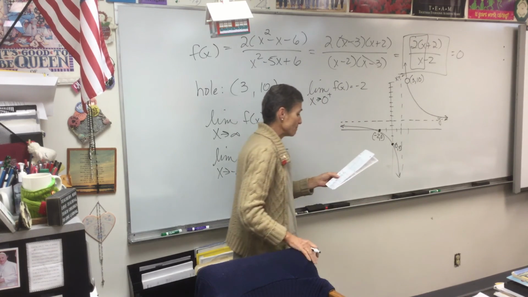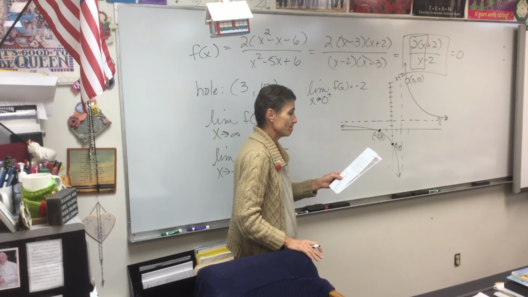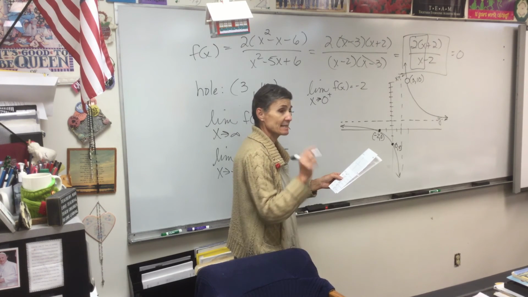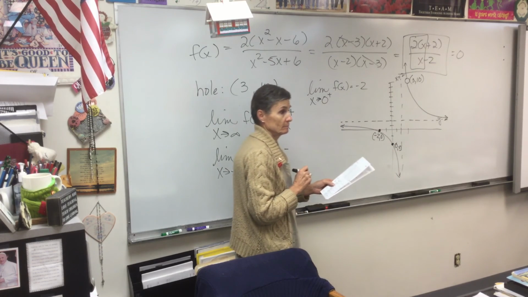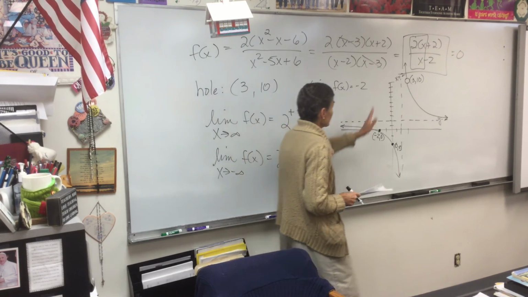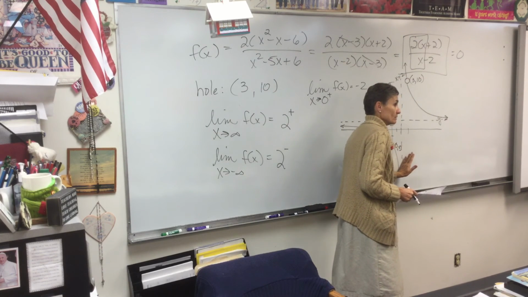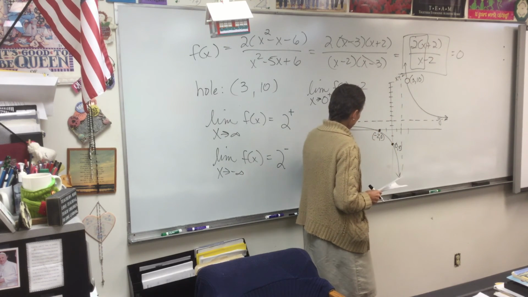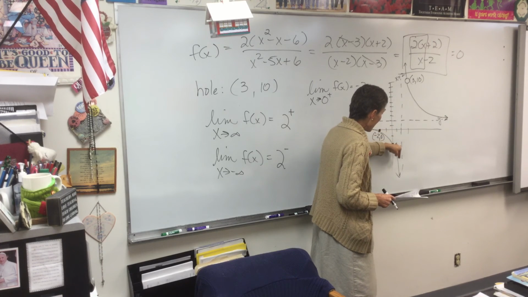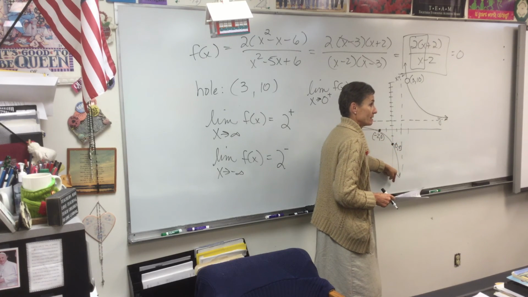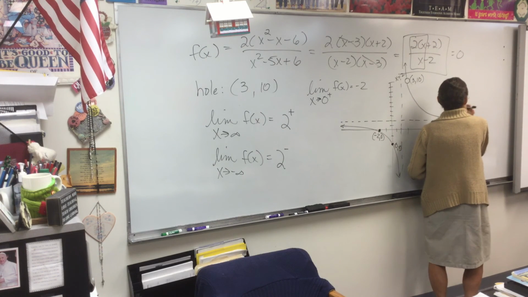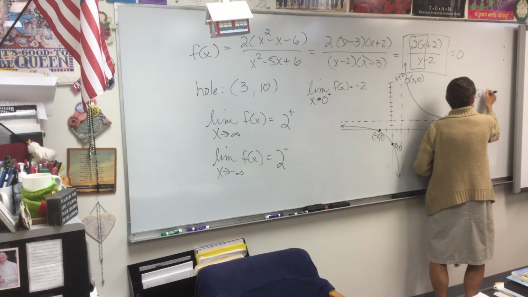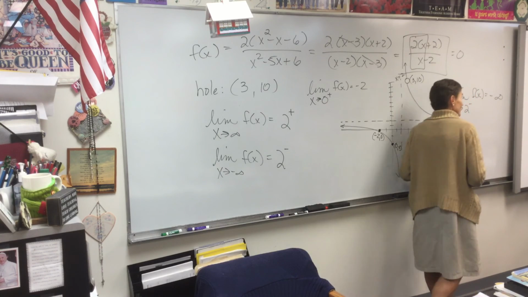What does number 8 mean? Find the limit as x approaches 2 from the left. Fine. Now 2 is an asymptote. What does the curve do as you come at it from the left side? Goes down. So the limit as x approaches 2 from the left is -infinity.